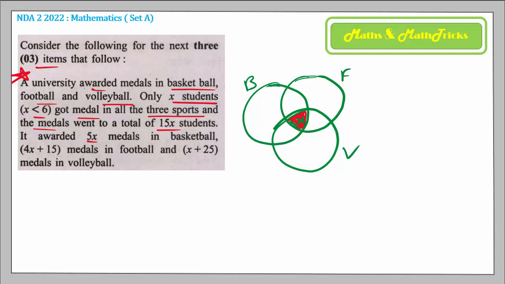Is that all clear? And can you understand the meaning of this yellow region? This is the region where the medals went to only B and F, exactly B and F players.